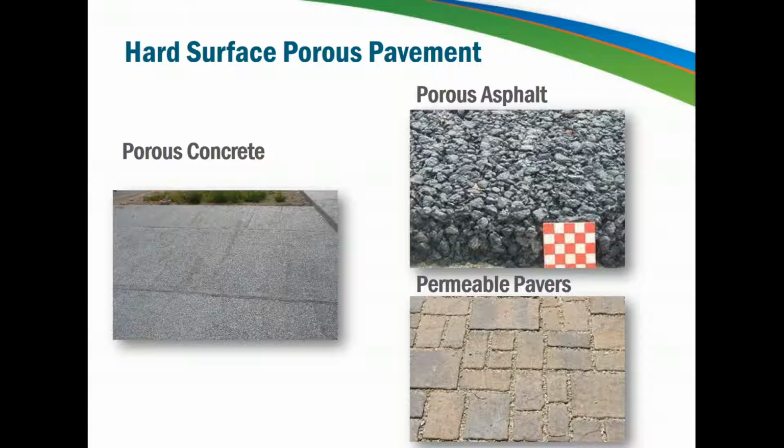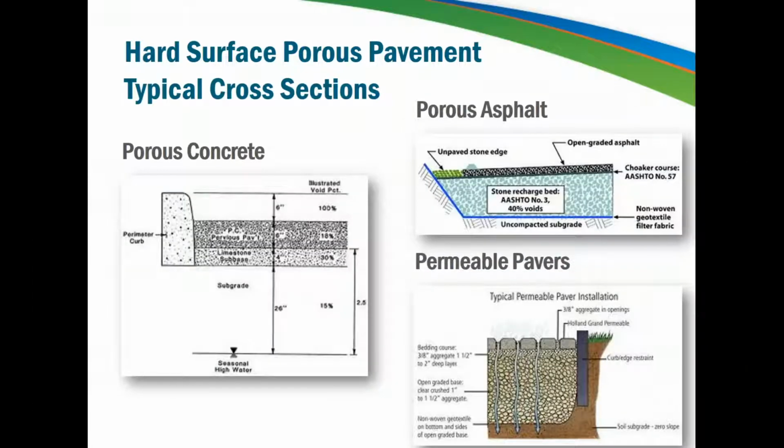These applications allow for normal traffic frequency use, have increased infiltration over non-porous versions, which can help with stormwater requirements. Hard surface porous pavements act very similarly to their non-porous counterparts, but they often suffer from durability challenges. The biggest difference with the porous version of these hard pavements is going to be the cross-section.